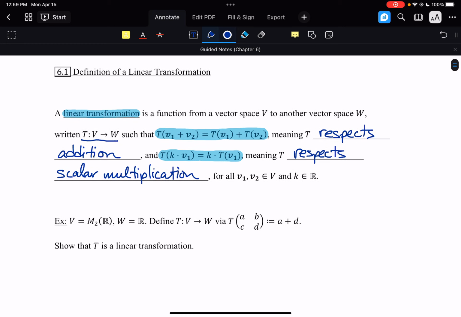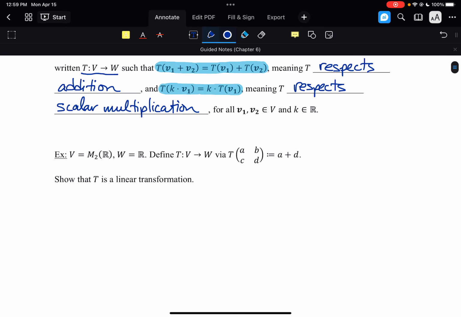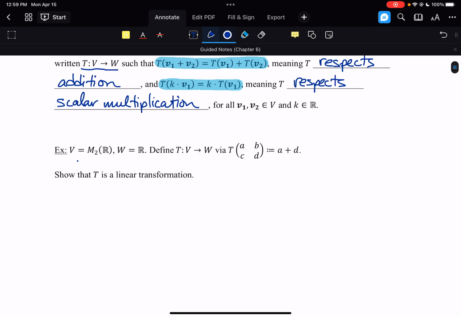So let's take a look at our first example here. V is the vector space M2 of R, so all 2 by 2 matrices with real number entries, and W is just R, the set of real numbers. We define T to be going from V to W, so we're transforming 2 by 2 matrices into real numbers. That's what's happening in the transformation.